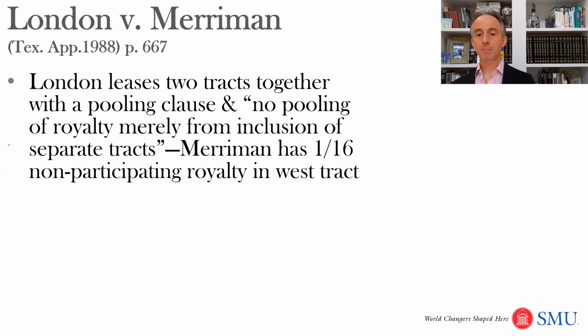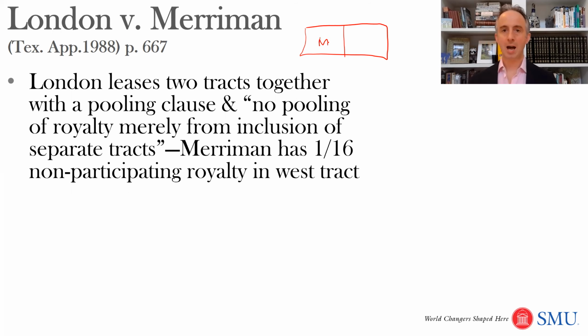Okay. The problem was that Merriman had a 1/16 non-participating royalty interest in the west tract. So there's two tracts, and Merriman has a 1/16 non-participating royalty interest in that west one. Now, London, as the landowner, of course, has the power to say, go ahead and pool my land if you want to.